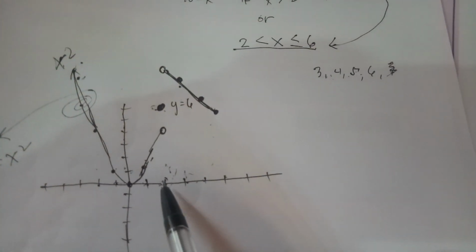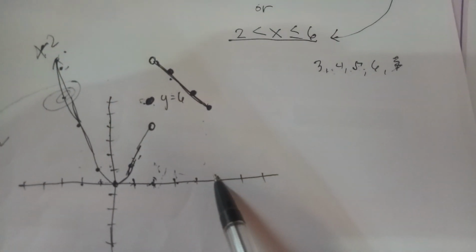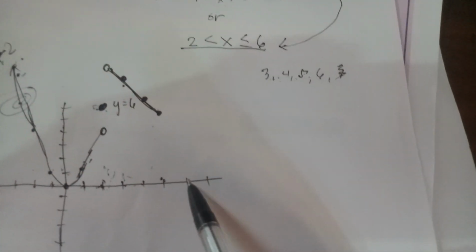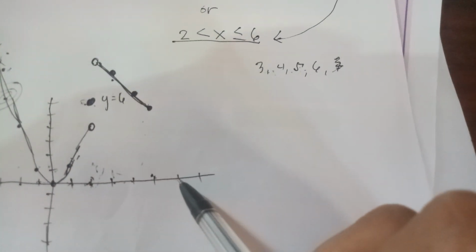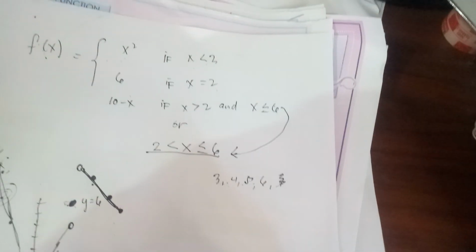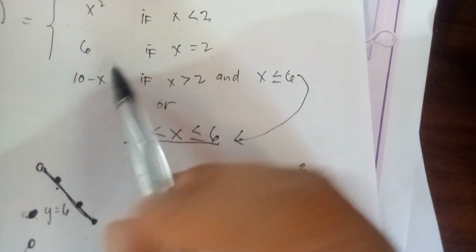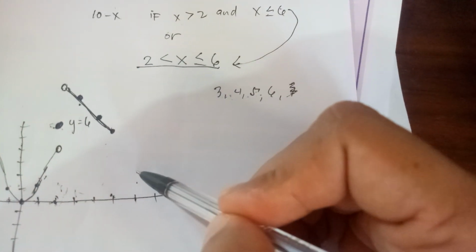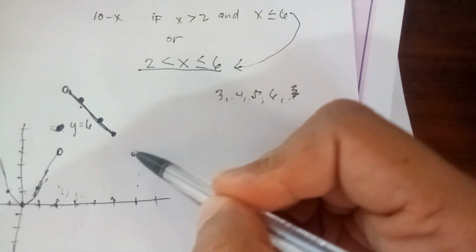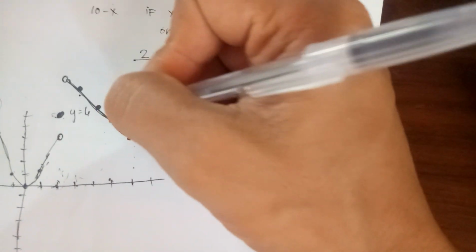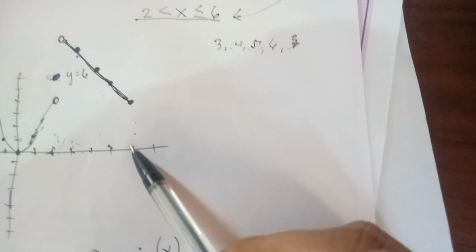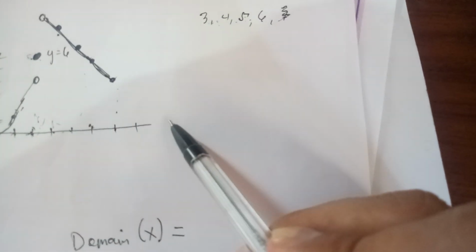Hindi siya 1, 2, 3, 4, 5. Pwede siyang 6. Diba? Pwede siyang 6. Kung 6 siya, 10 minus 6 is 4. So, 1, 2, 3, 4. Yan. Kasama pa rin siya dyan. Yan. Pero hindi na siya pwedeng maging 6.1, 6.2, 6.3.